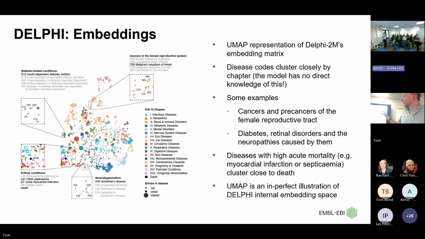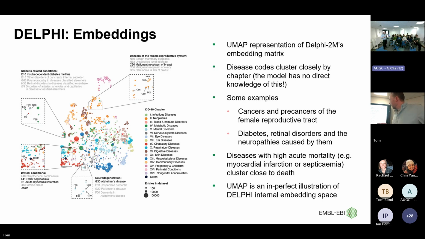And you can see a few things. On the whole, the different chapters tend to be closer in space to themselves than other things, which makes some sense. And then if you look down here, this black dot, which is this ominous death token, which we do treat as a disease, is close in space to some very acute conditions such as heart conditions and respiratory disease.